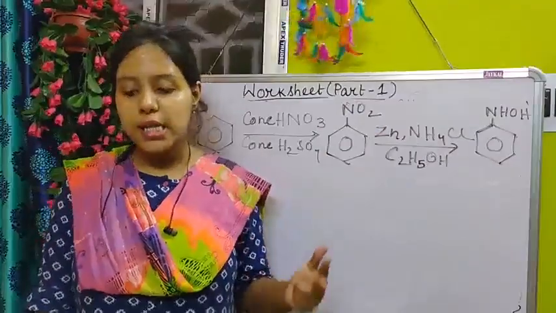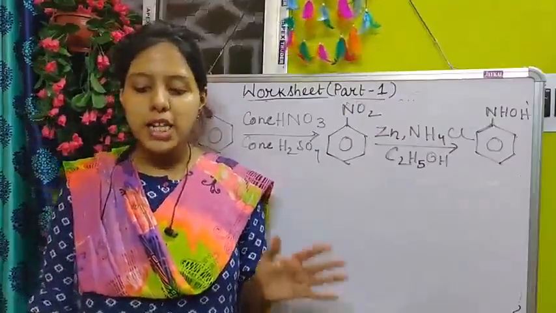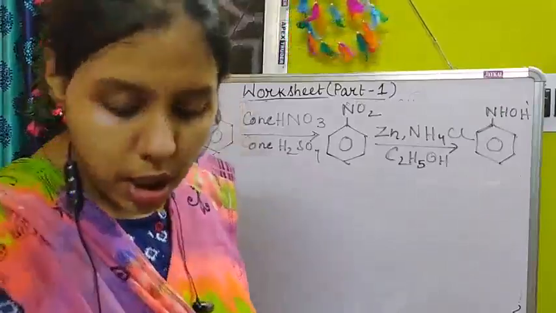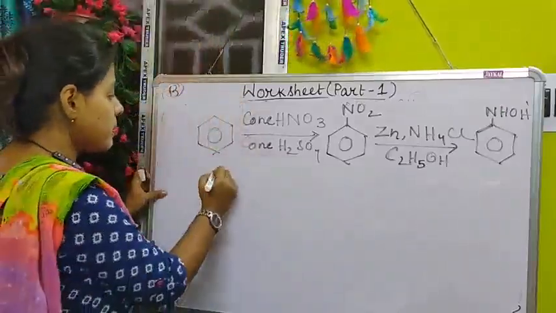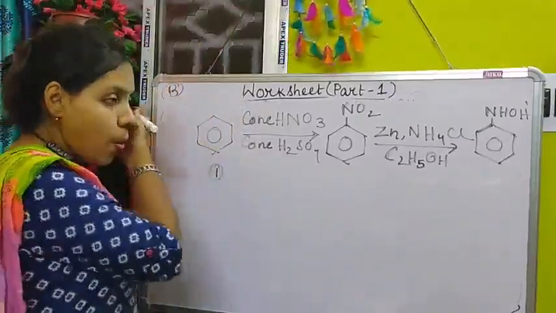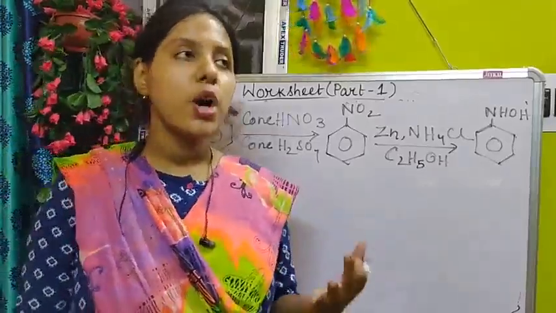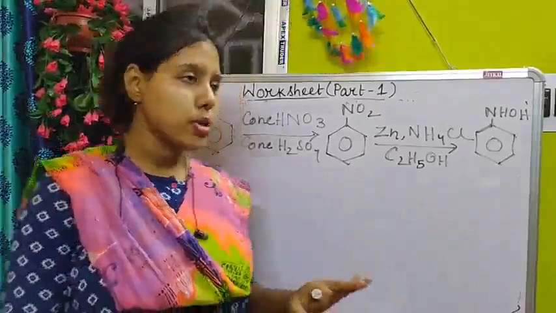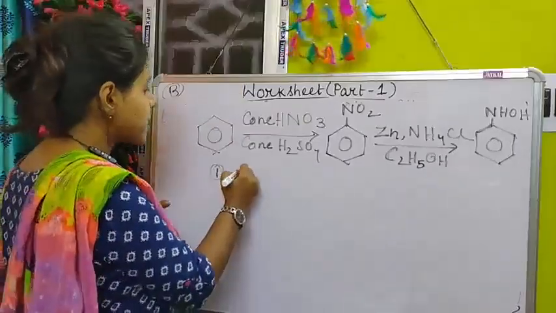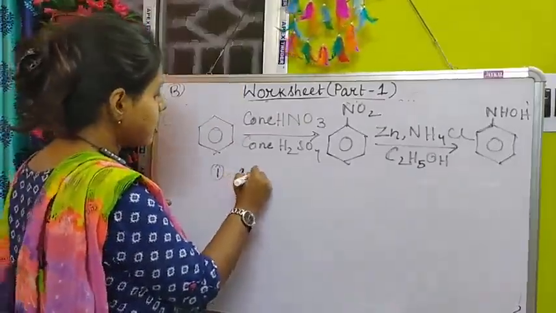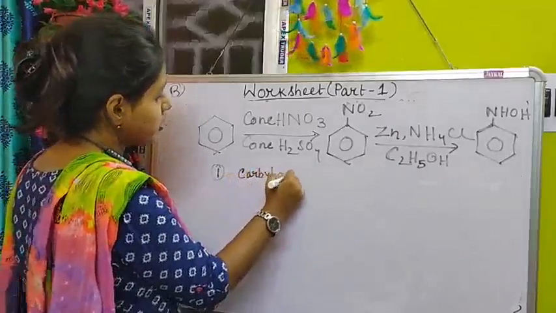Okay, next two questions there I have given. Give two differences between methyl cyanide and methyl isocyanide. Okay, so the first point will be: one is methyl cyanide. Methyl cyanides are primary cyanides which give the carbylamine test. So the first point will be that methyl cyanide gives the carbylamine test.